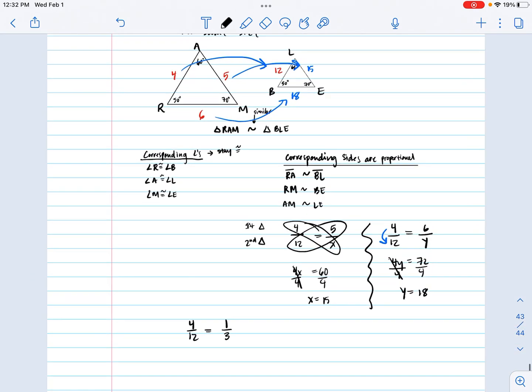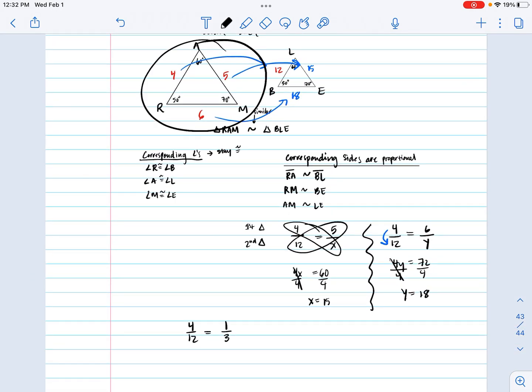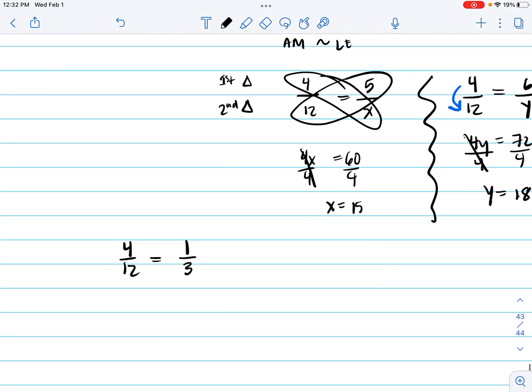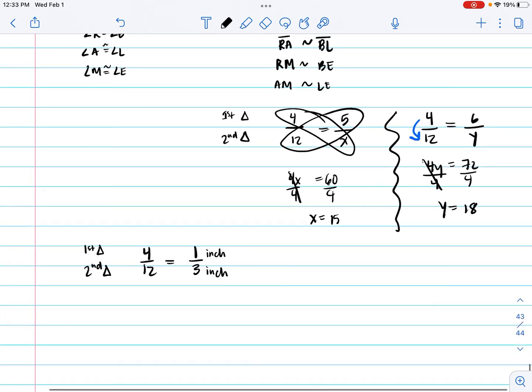That means for every 1 on the first triangle, it's 3 on the second triangle. For every 1 inch on the first triangle, it's 3 inches on the second. So let's call this first triangle, second triangle again. And there is your scale factor of 1 to 3, or you could also view it as just times 3. So that's what we call a scale factor.